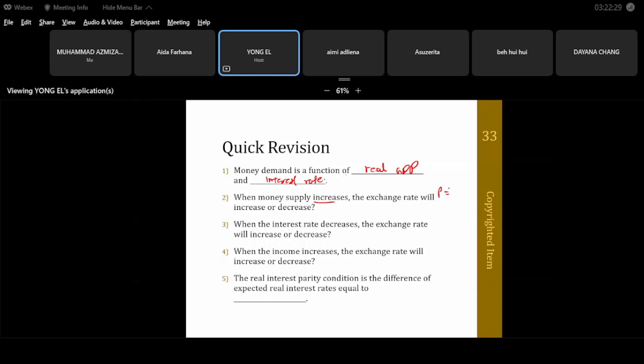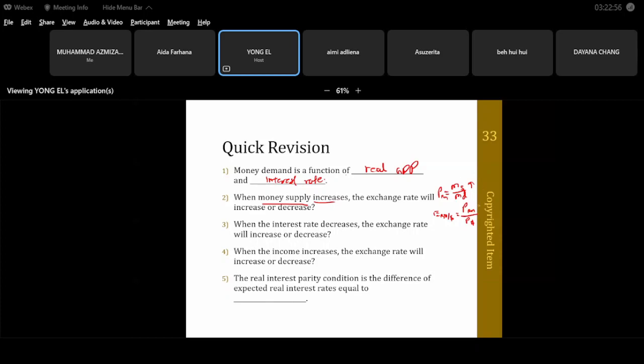The price is the ratio of money supply to money demand. Okay, the RM exchange rate is domestic price over foreign price. Here it says money supply increases. Here increases, right? So the whole term here increases.